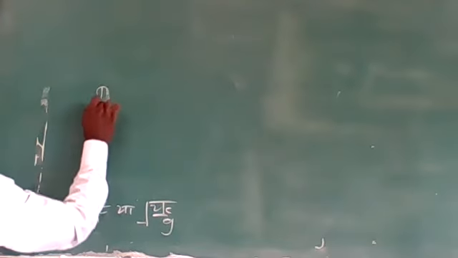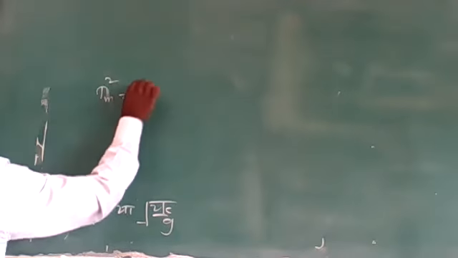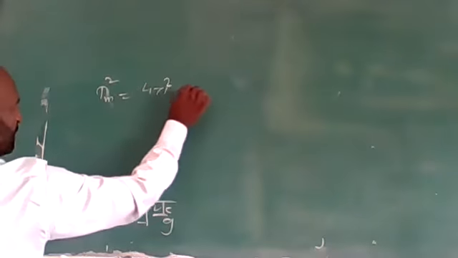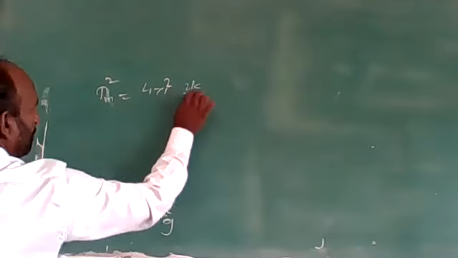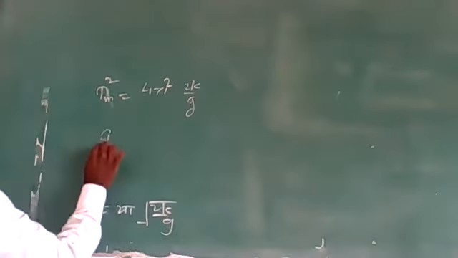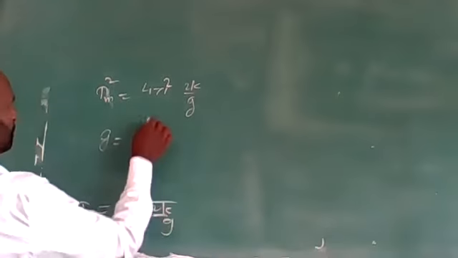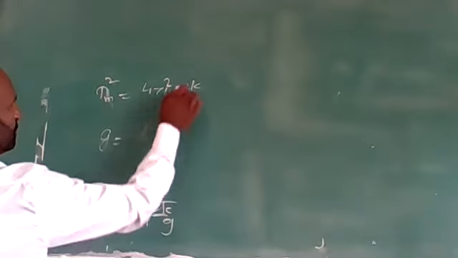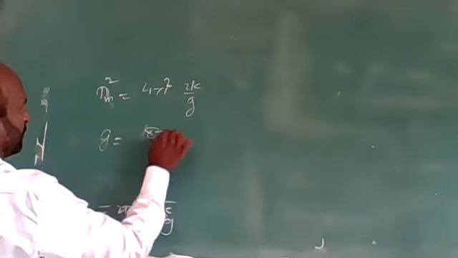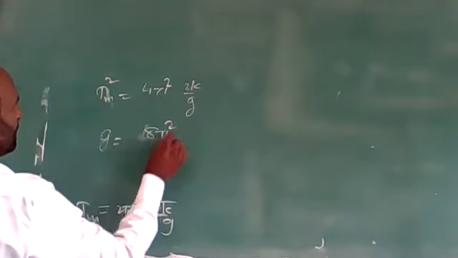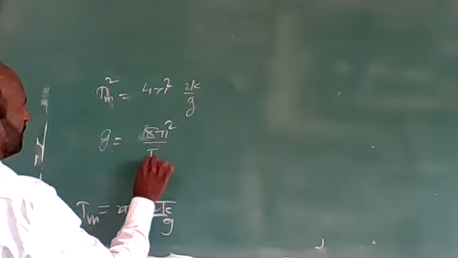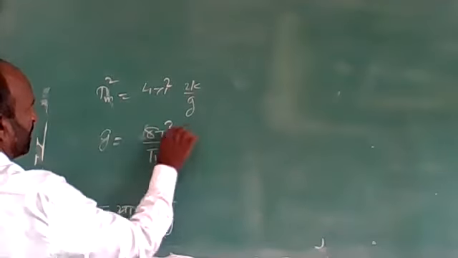In this equation we can write, squaring on both sides, Tm square is equal to 4 pi square into 2k upon G. Therefore G is equal to 8 pi square k upon Tm square.